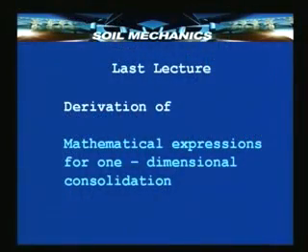This shows that in the last lecture, primarily we dealt with the derivation of the mathematical expression for one dimensional consolidation. Unless we express the phenomenon of consolidation mathematically, there is no way we can possibly predict the amount of consolidation that will take place if and when a building or any other structure is erected.